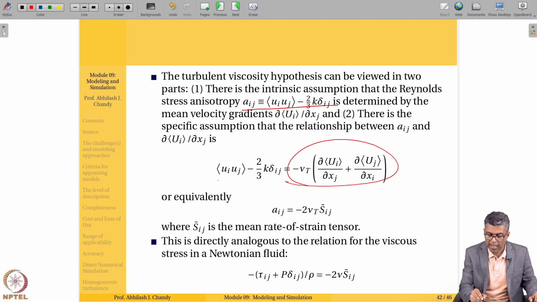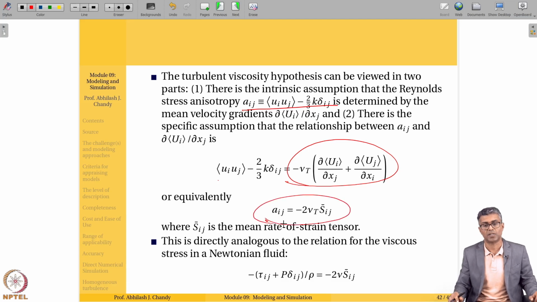So essentially, Aij, the anisotropic part of the Reynolds stress, is minus 2 νt Sij. As I was explaining multiple times earlier, this is directly analogous to the fact that your Newtonian stress is proportional to the strain rate, right? Tau ij plus P delta ij divided by rho is 2 nu Sij bar, and this is applicable to laminar flows.